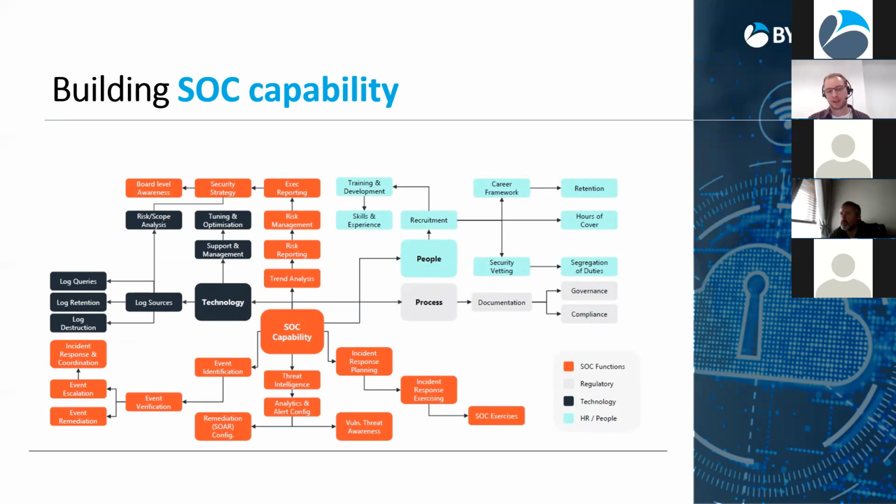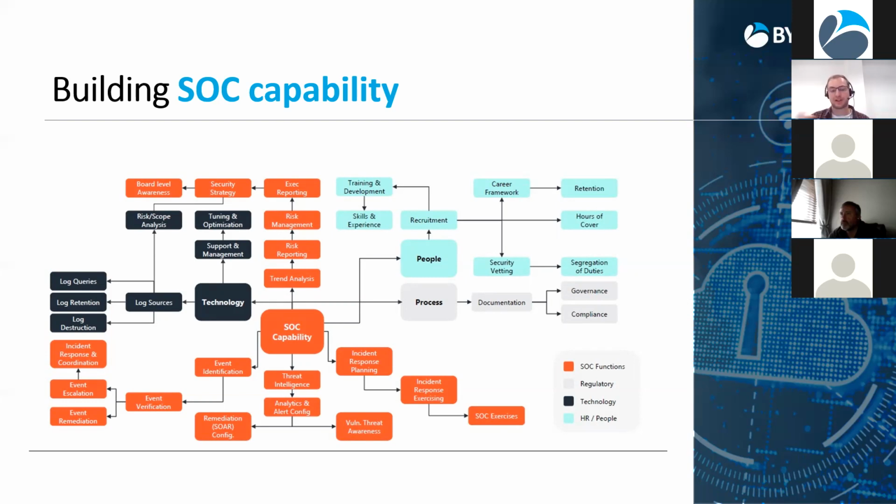Simply deploying a SIEM tool and connecting it to everything is not going to give us this, right? The technology is but a small part of it. It's a big part, and equally a small part, without the people and the processes and actually building the capability around all 3 of those areas, you're not going to get that desired response capability.